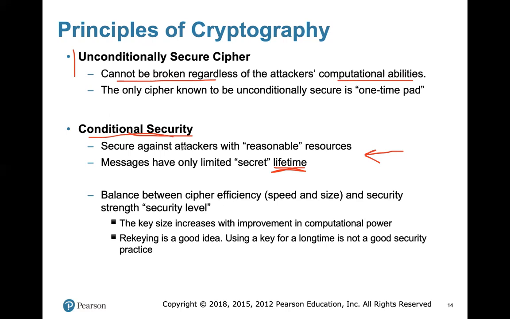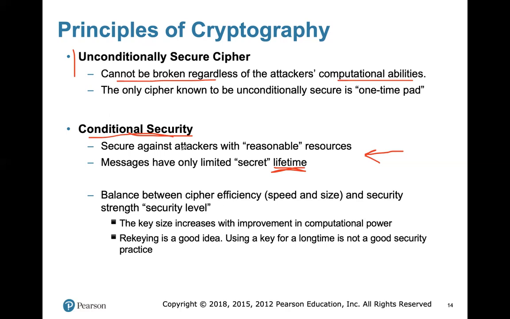Yes, that's right. If, for example, I have the SSN of a person who died 20 years ago, what can I do with that? Nothing, because everybody knows that person has died. So that information is no longer sensitive.